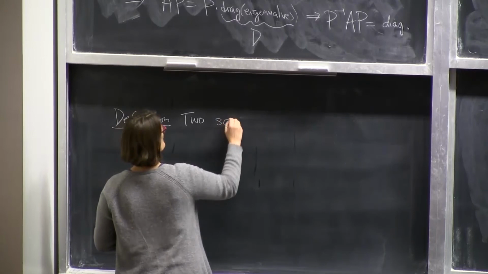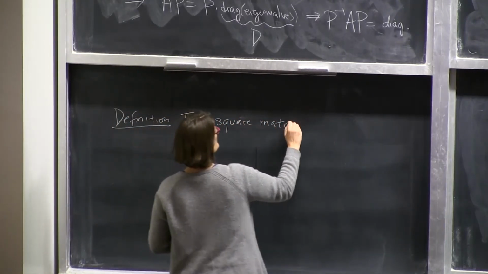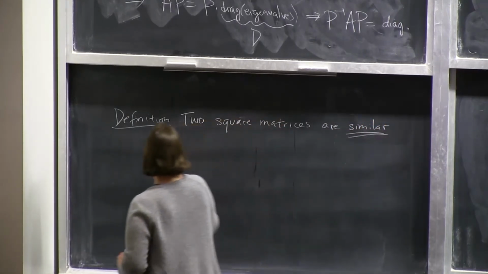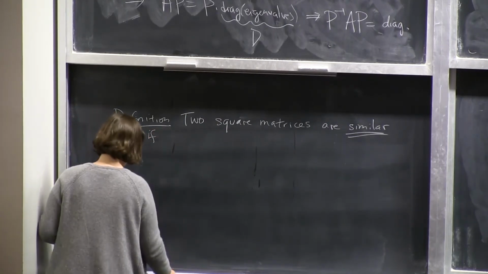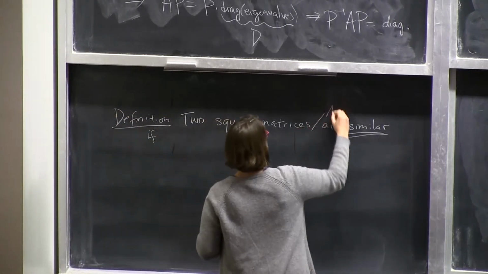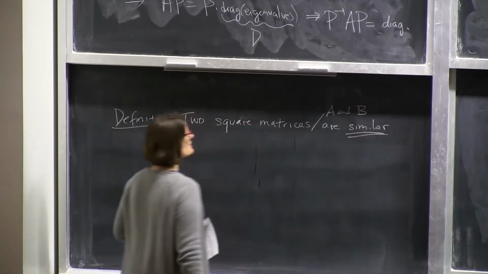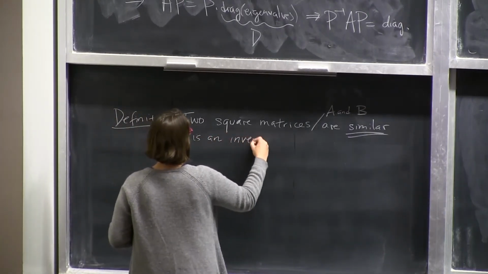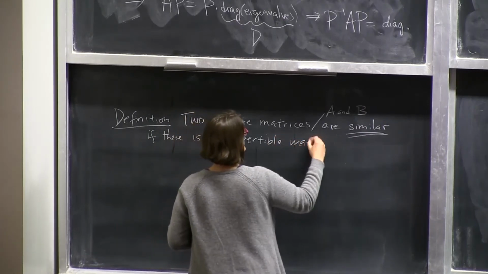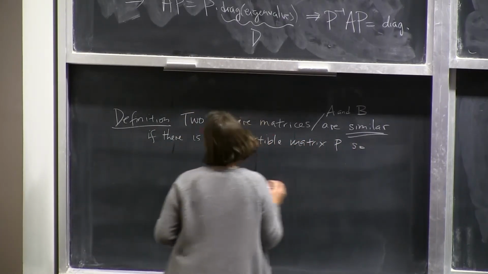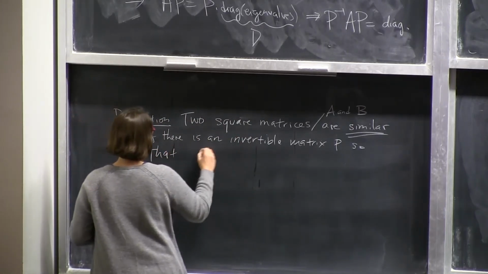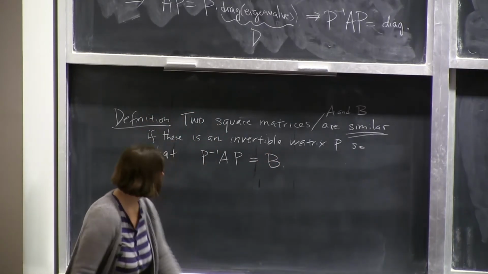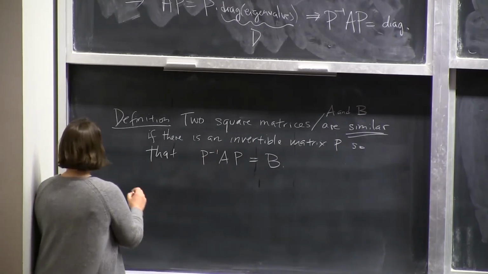Two square matrices A and B are similar if there is an invertible matrix P so that P inverse A times P is equal to B. So this is just a new language. We're going to use it in a moment.